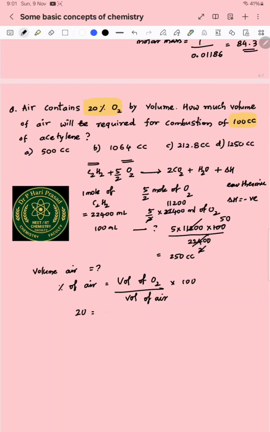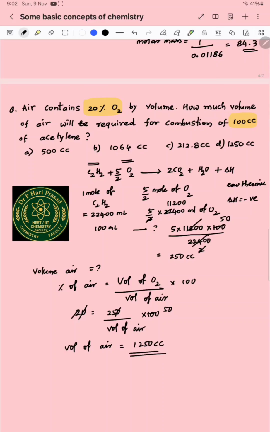Now here the volume of O2 we got is 250 divided by volume of air into 100, that is equal to 20. Zeros get cancelled, so the volume of air is equal to 1250 cc.